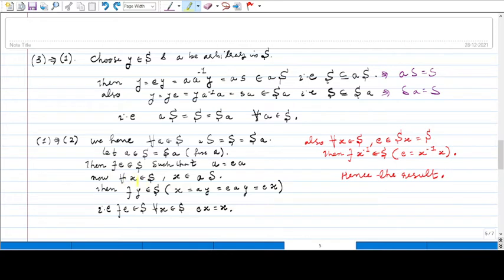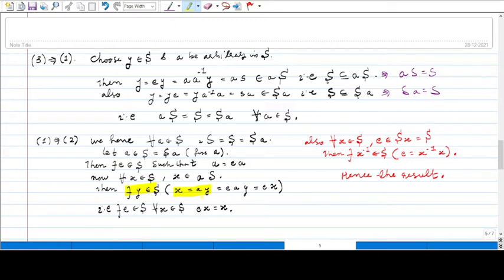Now, for any X in S, we can see that X belongs to AS. Why? Because S equal to AS. That also implies there is a Y in S such that X equal to AY.